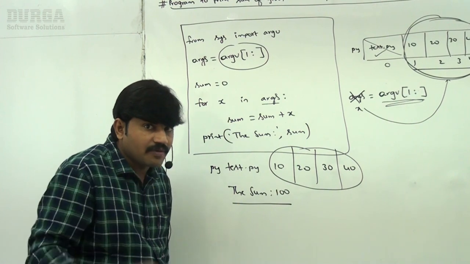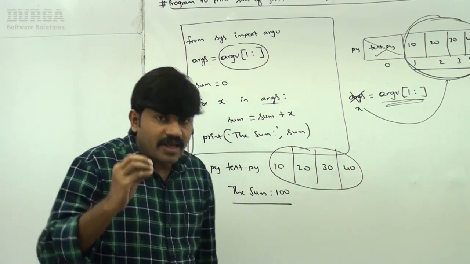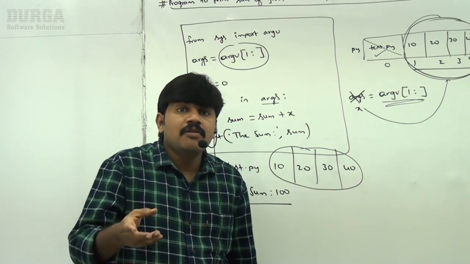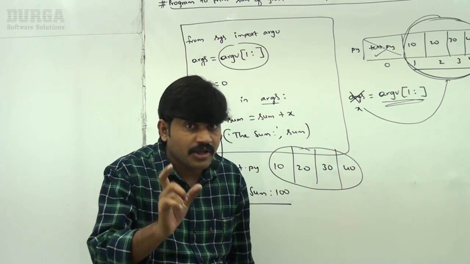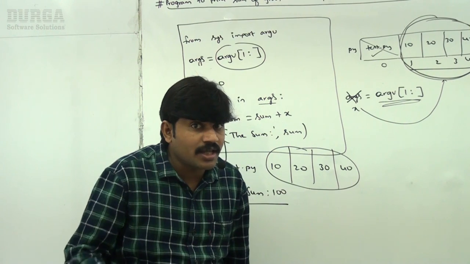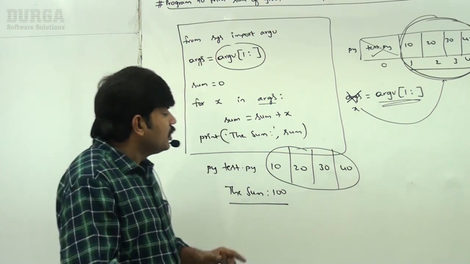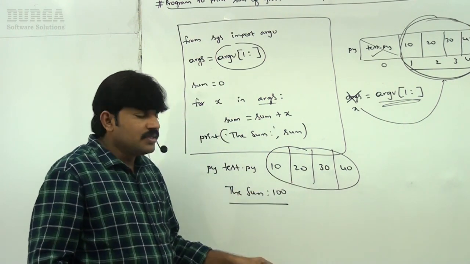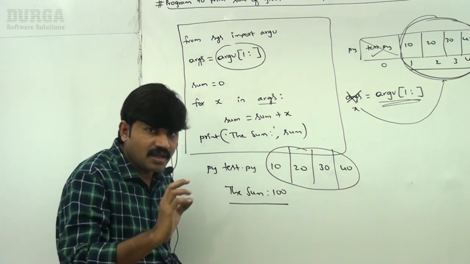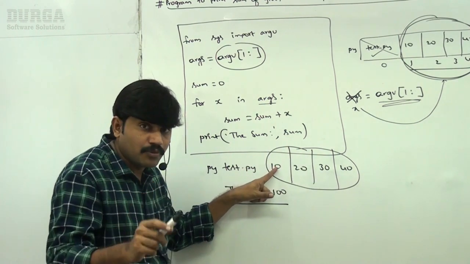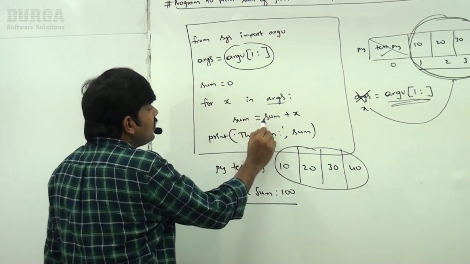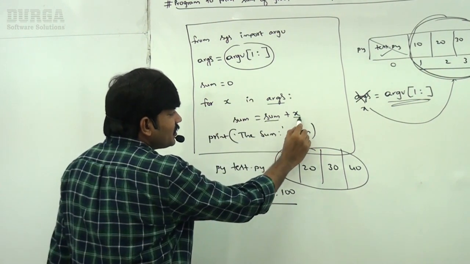Whatever values we pass from the command prompt are always considered as string type only. Remember this one, sir. Even if you are passing numbers, it is always going to be treated as string. Then what will happen? Observe: sum is a number, but x is a string type.